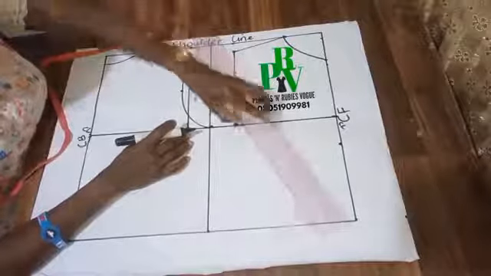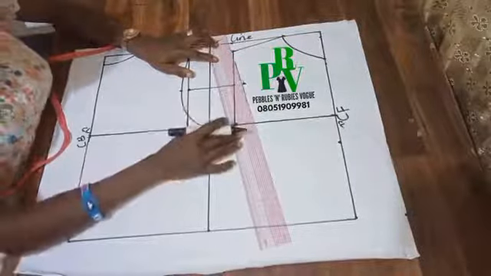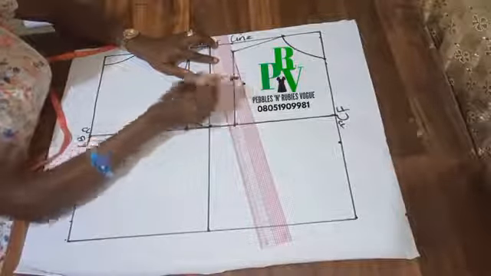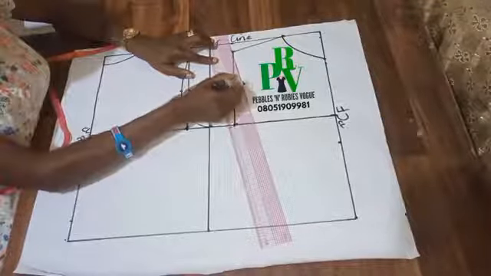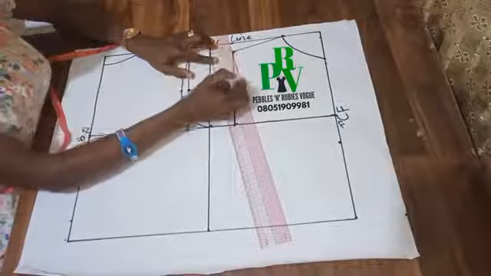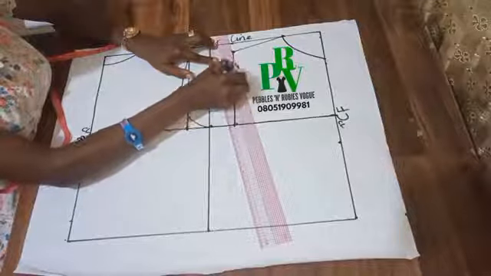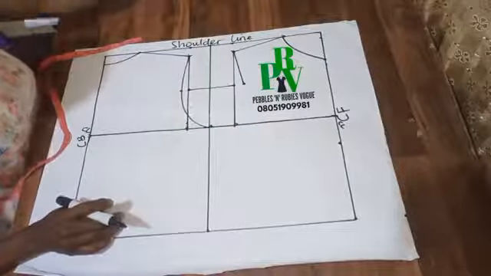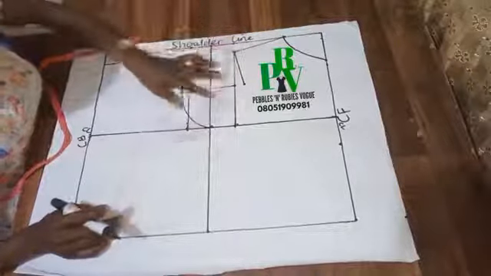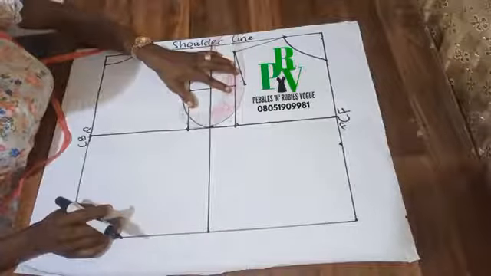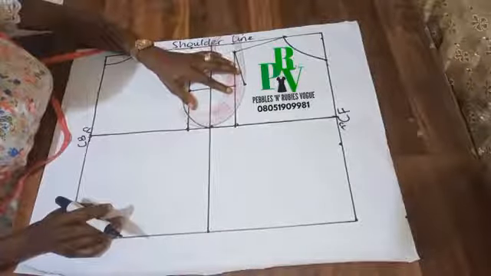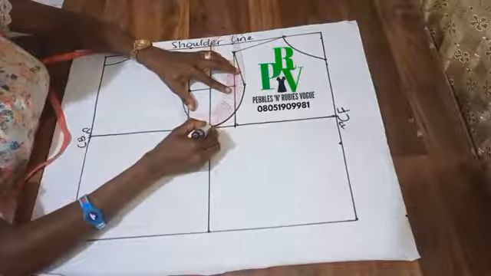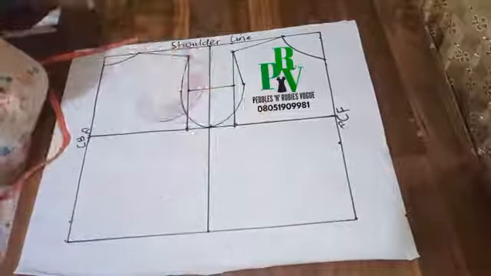Or I can also do it this way by marking this point with my straight ruler, connecting it straight down here. Let me do it this way so you can see what I'm saying. And then I will use my curve ruler to complete it, like so. I hope you can see that.